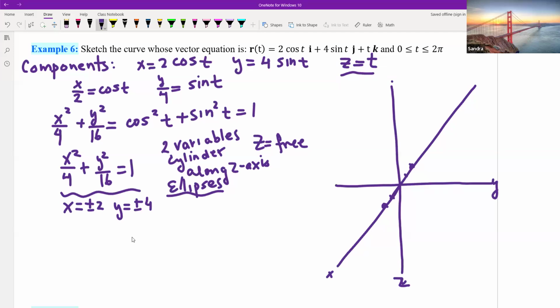And the y is 4. Okay, so then I have my ellipses there.